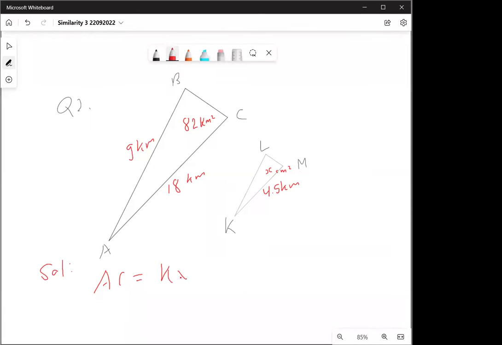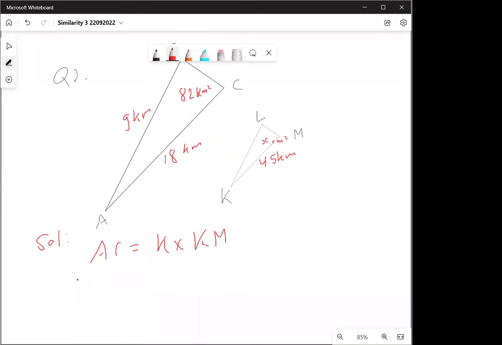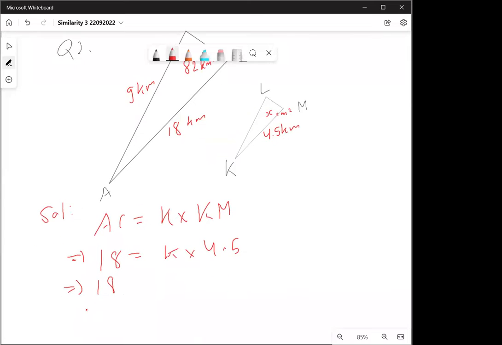AC is K into KM. So AC is 18 and KM is 4.5. The answer is 18 divided by 4.5, which is 4. Is that clear?